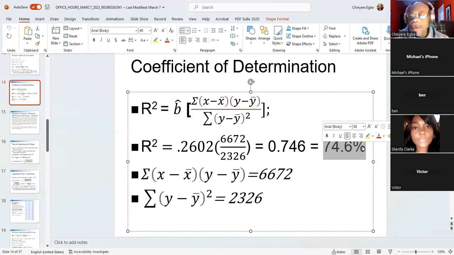What is the remaining 24% or 25%? Can somebody give me an idea? If you're a salesperson and the number of sales calls you make explains how much sales you make, but only 75% of your success can be explained by the number of calls, what else could have been the remaining 25%? Can somebody tell me?